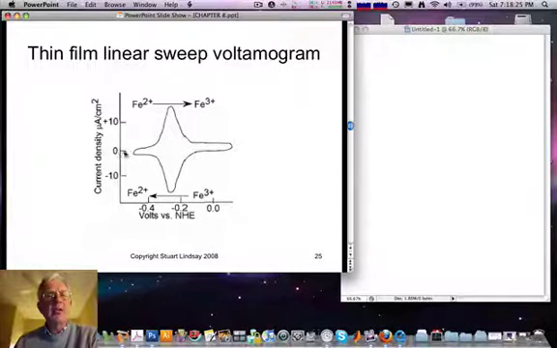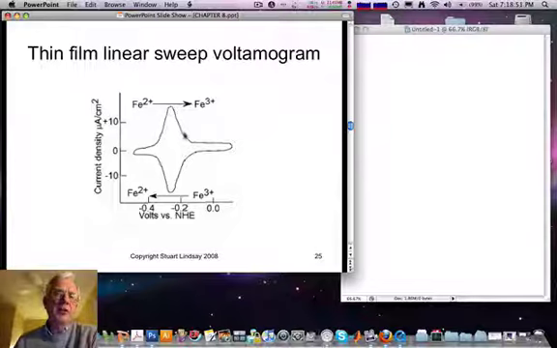And what you see is that when you reach the point where there is an equal population of iron 2+ and iron 3+ in solution, these could be ions contained in some molecule, then the current is the highest, because at this point here you have the largest supply of Fe2+, but you haven't completely saturated the solution with Fe3+.